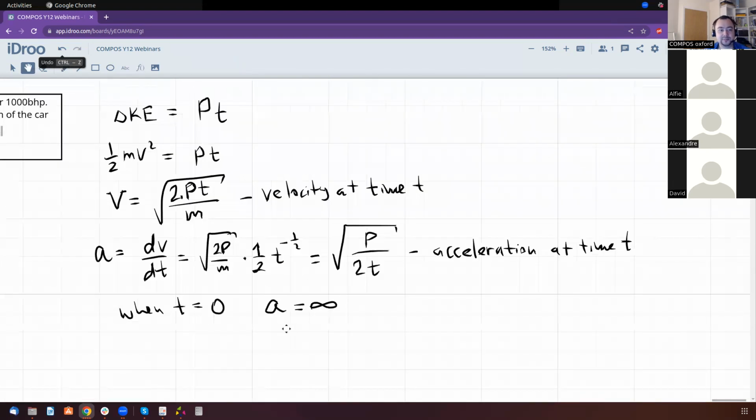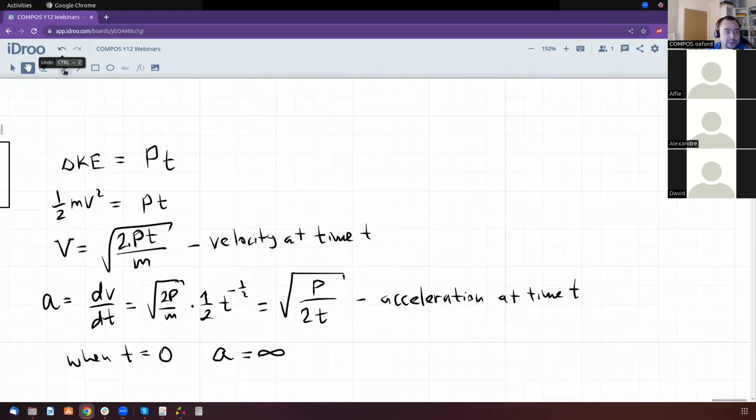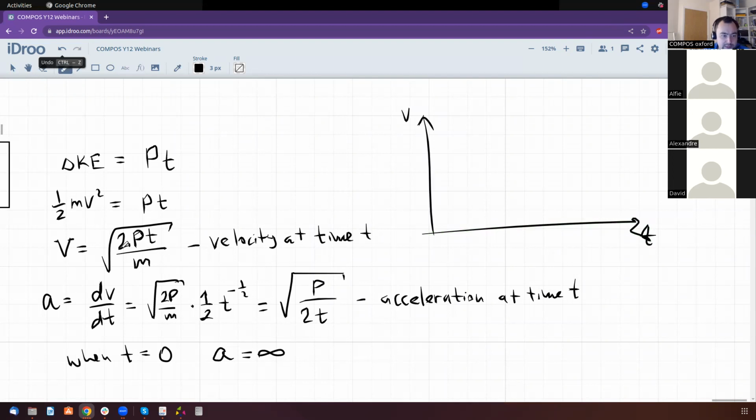Let's confirm that. Let's sketch the graph of v versus time. It is the square root of 2p over m times t. These are constants. The power is constant, m is constant, t is, well, square root of t.